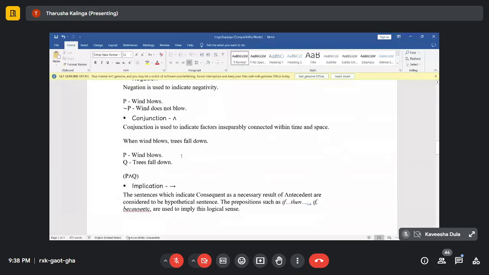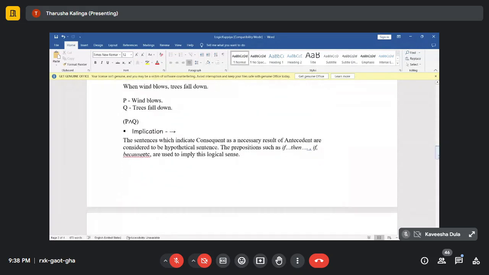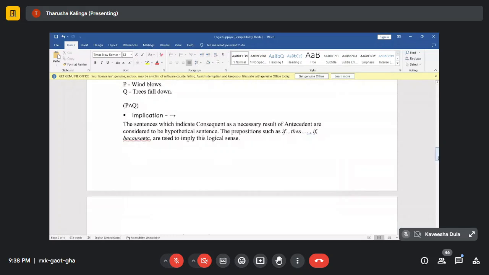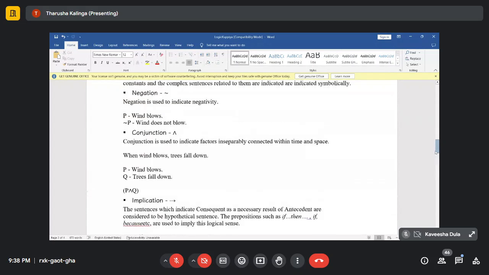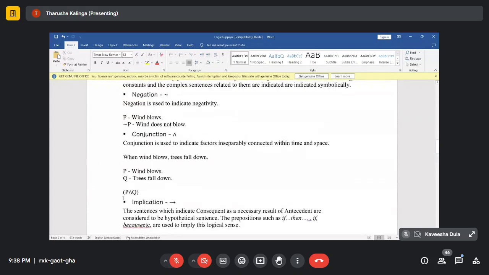So here, when wind blows, trees fall down. Okay, when wind blows, trees fall down. So we can make a lot of sentences, we can have examples like that. I think you got the idea as to how to represent it using the symbols.